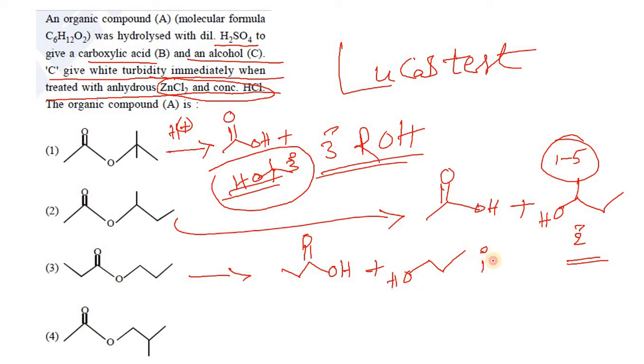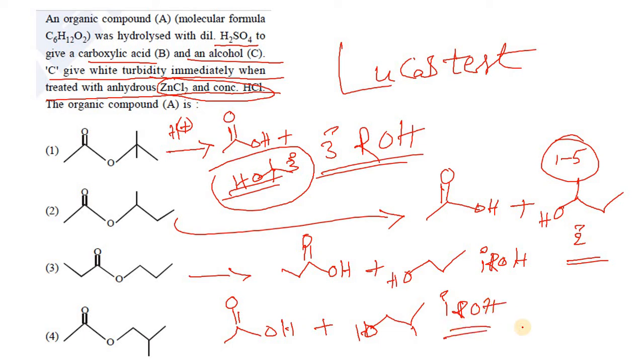It's a primary alcohol. This one is a primary alcohol. And this one, if you take C double bond O, OH, and here also there is a formation of primary alcohol. The primary alcohols do not form turbidity.